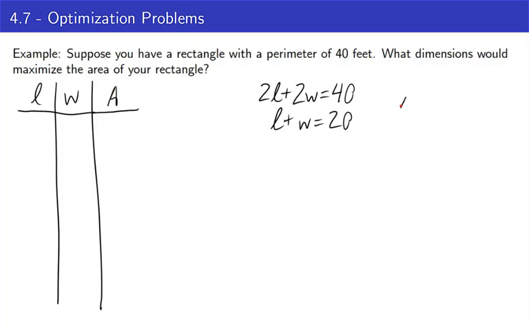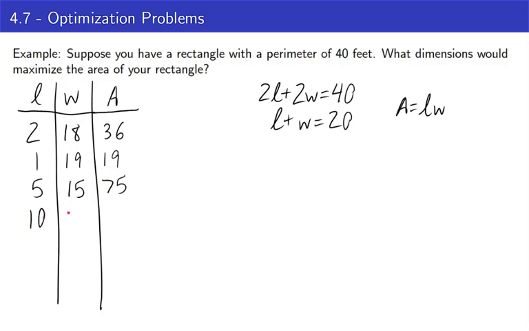Note that the area is the length times the width. For two numbers adding to 20, we might try something like 2 and 18. Then the area would be 36. Maybe we could try, say, 1 and 19, but then the area would be 19. How about 5 and 15? Then the area is 75. Maybe something like 10 and 10.